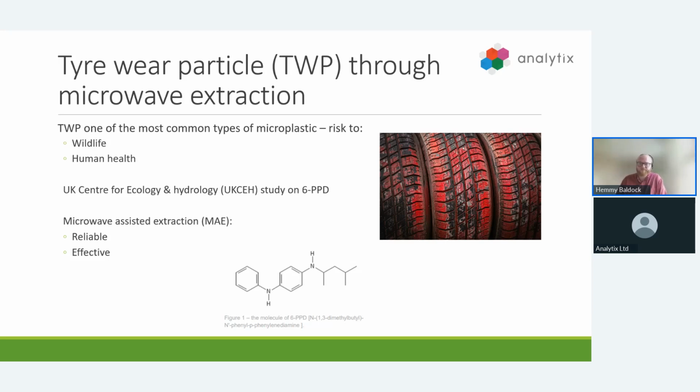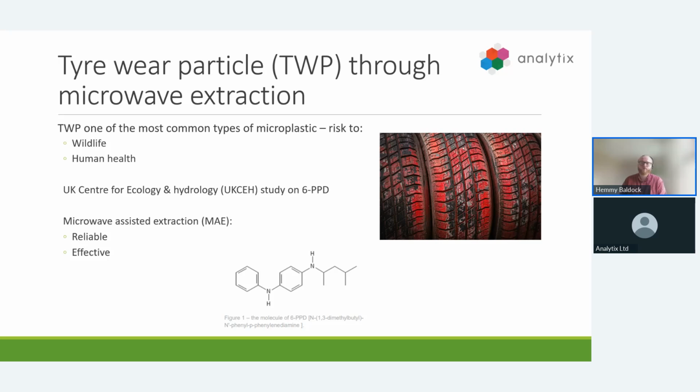from wearing. The UK Centre for Ecology and Hydrology recently published a comprehensive study on the field with the aim to detect and quantify the occurrence of different microplastics in the UK river and sediments. This included the assessment of TWP through indirect quantification of 6-PPD, which was chosen as a molecular marker due to its particular chemical structure and persistency in the environment.